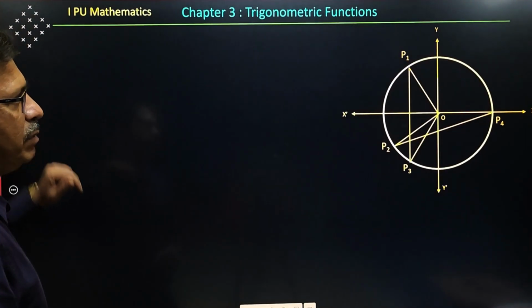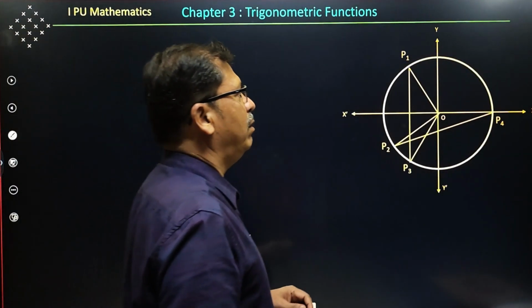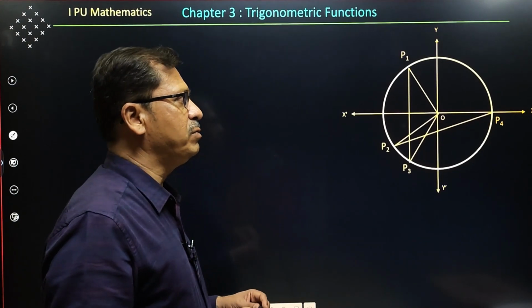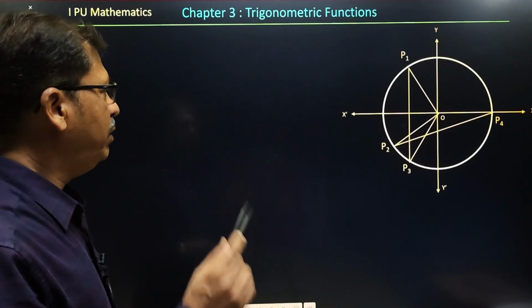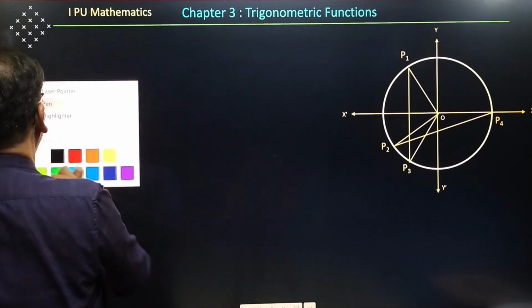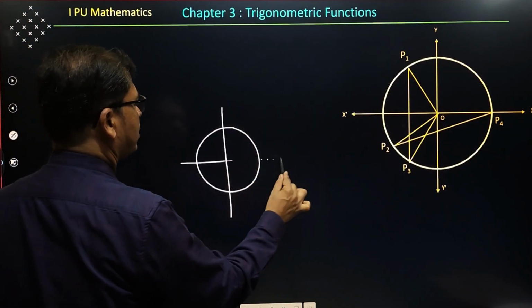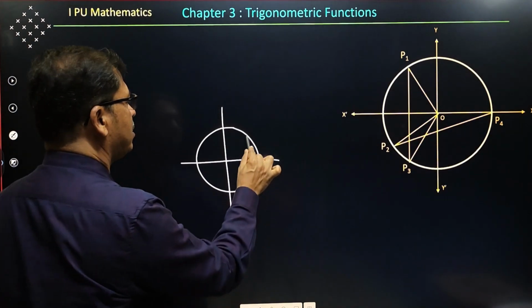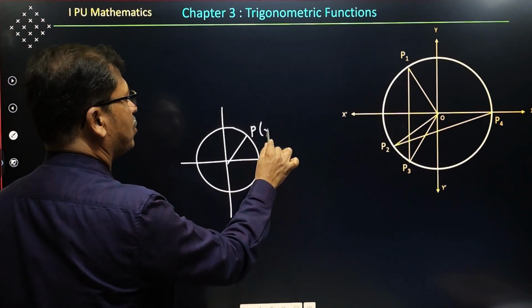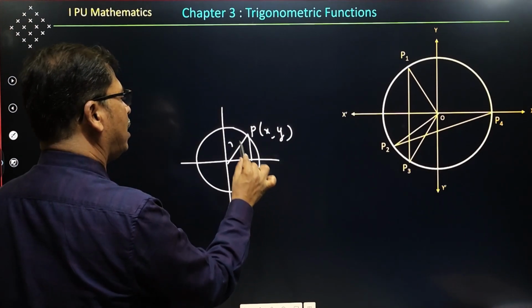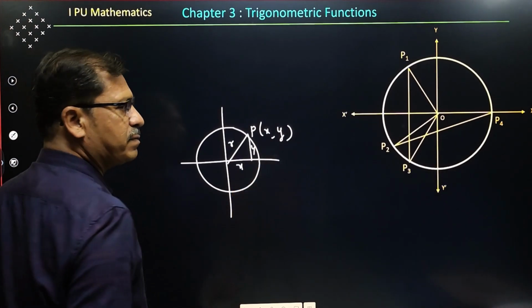Let me take the same diagram. P1 P2 P3 P4 coordinates I would like to write in terms of x and y. Previously one situation came while discussing allied angles. See, this is P of x comma y, this is r, this is y, and this is x.